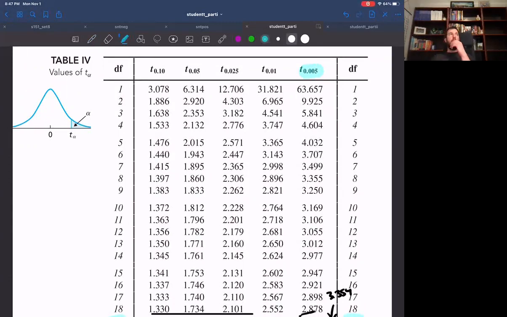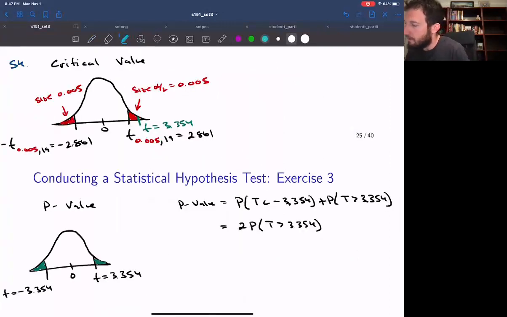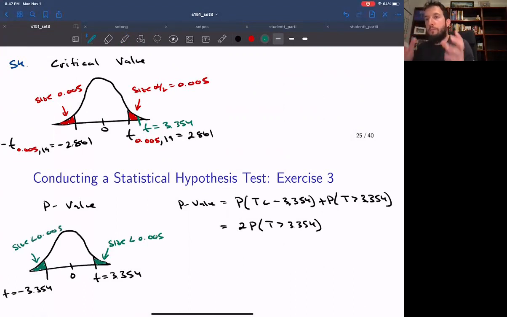So what we would say here is, since our test statistic 3.354 is bigger than 2.861, which is the largest listed value, our tail area must be less than 0.005. So what we have determined is that this here is a size that's smaller than 0.005. This here is a size that's smaller than 0.005. So if both areas are smaller than 0.005, then the p-value must be less than 0.01.